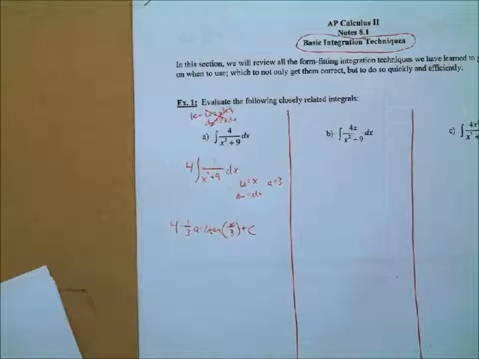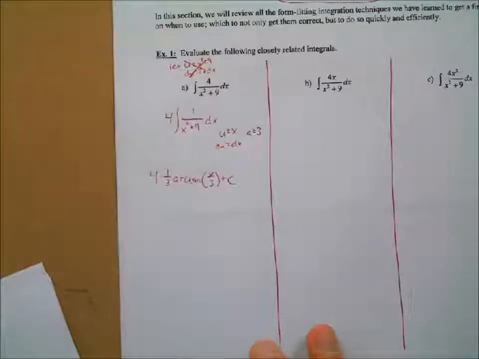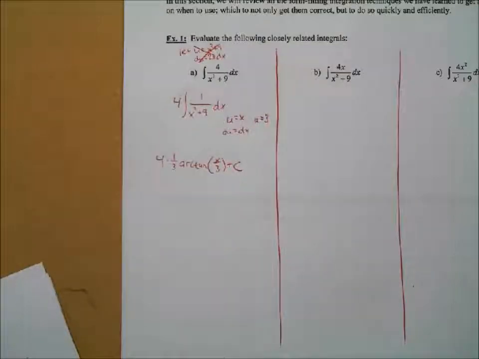Which of the arc or inverse trig functions don't have the 1 over a in front of it? It's the arc sine. The arc sine does not have 1 over a in front of it. So the arcsecant will, arctangent will too. For hierarchy's sake, arctangent, you really ought to know that one.